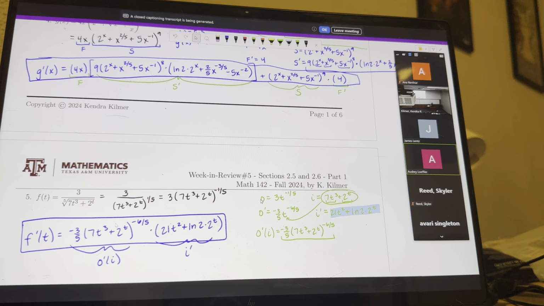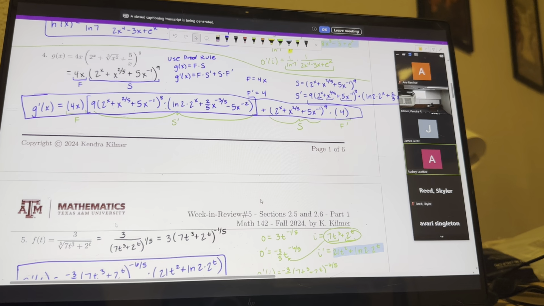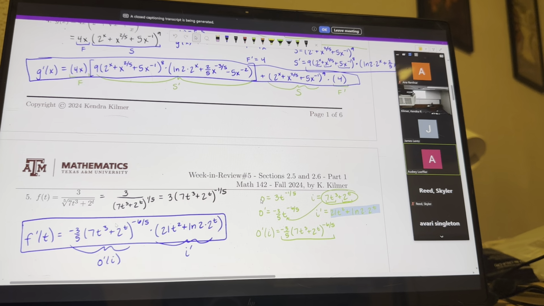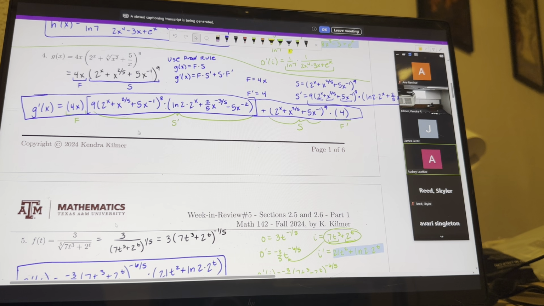Yes, but for the one before that, the 9th power doesn't relate to the 4x. It goes with the second one in the parentheses. For the fourth one, why it's not 4x to the 9th, but instead it's 2 to the power of x, square root of 5x squared.